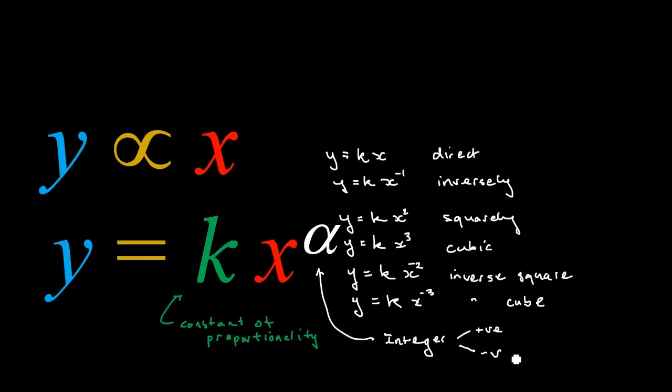If it's negative, it will be an inverse, an ordinary inverse, square inverse, a cube inverse, or going up again. So these are all the different types of relationship you're going to get, but the important distinction is between direct and inverse proportionality.